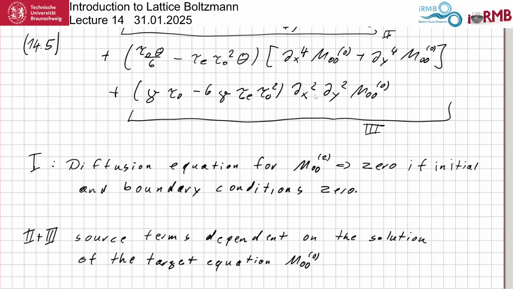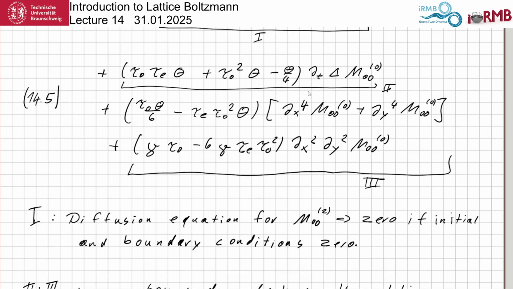Now, the thing is, we would like to get rid of all of this. So if this here is gone, then we have fourth order accurate. And we have parameters here, right? So we can choose these parameters.